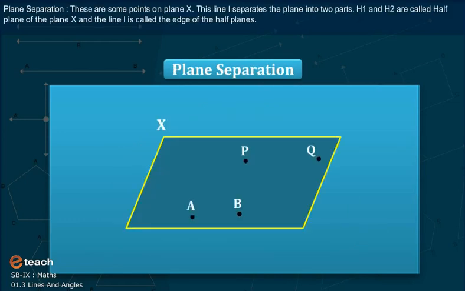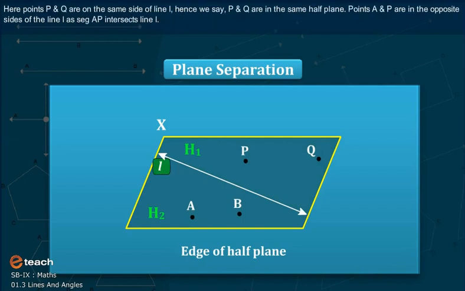Plane separation. These are some points on plane X. This line L separates the plane into two parts. H1 and H2 are called half planes of the plane X and the line L is called the edge of the half planes. Here, points P and Q are on the same side of line L. Hence we say P and Q are in the same half plane.